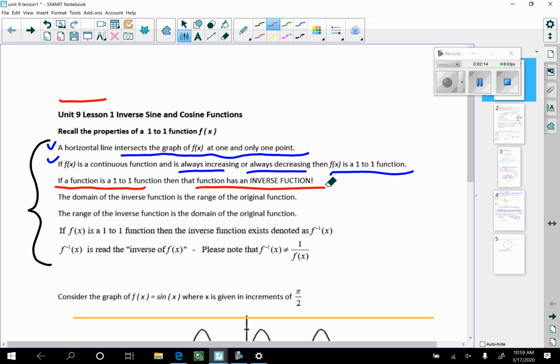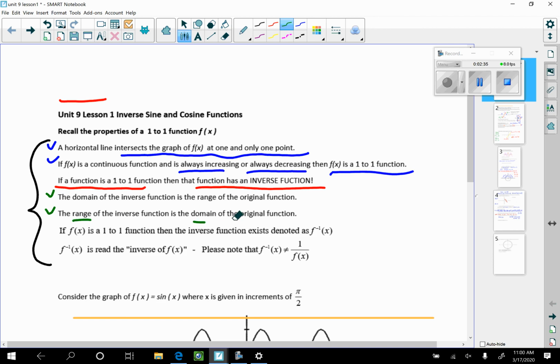Here is big. The next two bullets are going to be very, very big in today's discussion, and they are big in the discussion of any inverse functions. The domain of the inverse is the range of the original. The range of the inverse is the domain of the original.